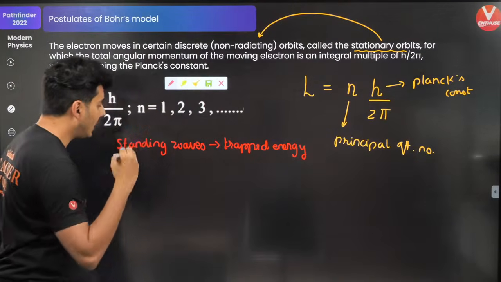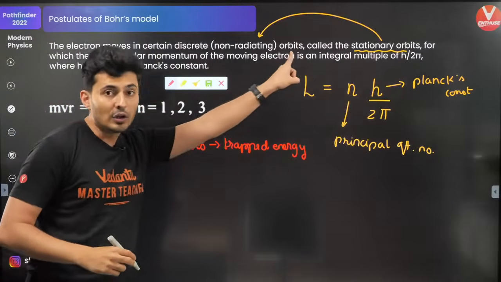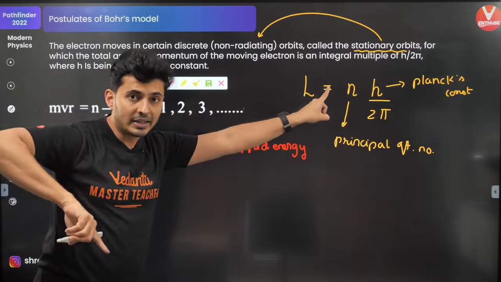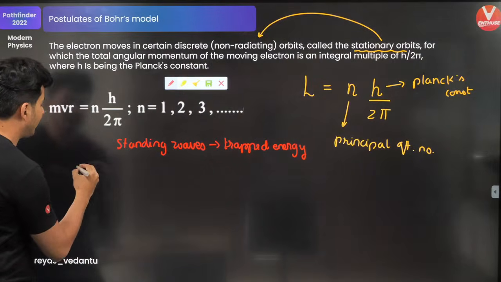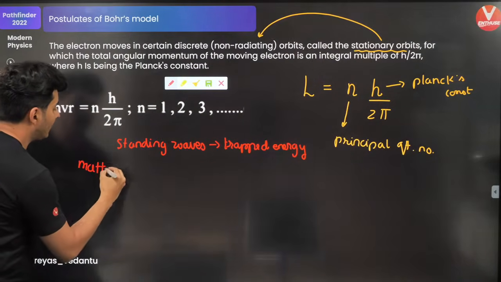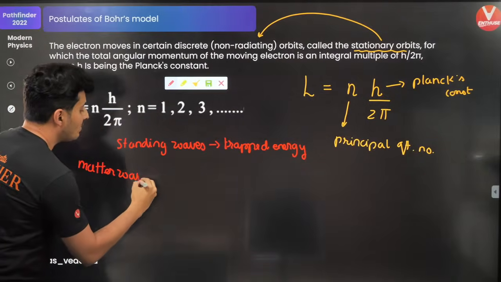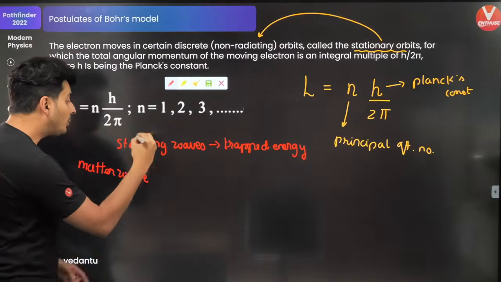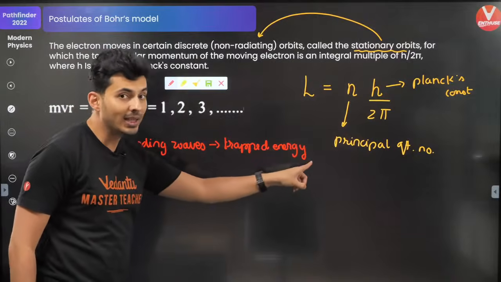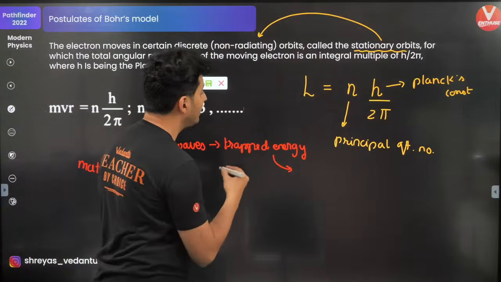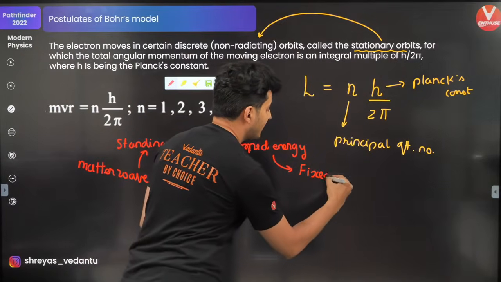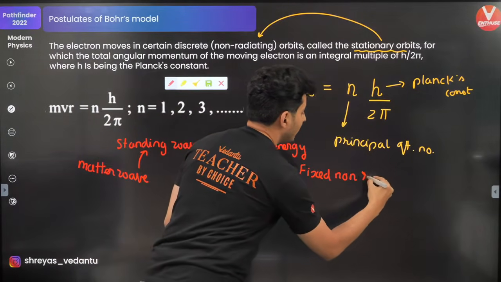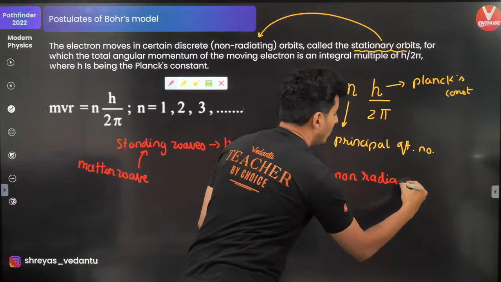And for an electron to be non-radiating, the matter wave, that means the de Broglie wavelength, should produce a standing wave so that the energy is trapped, and hence you will have fixed non-radiating energy.